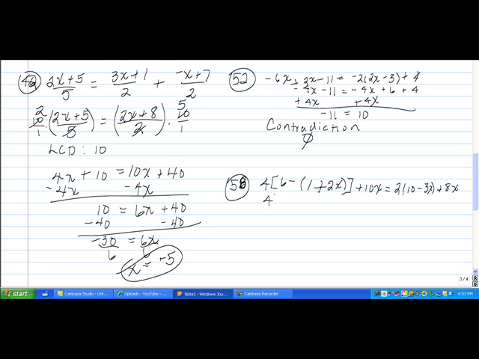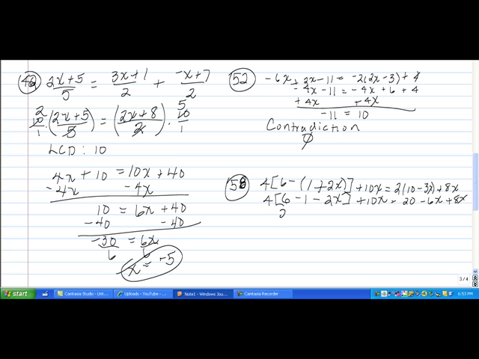We want to distribute the negative 1, so it's going to be a minus 1 minus 2x, and distribute the 2.